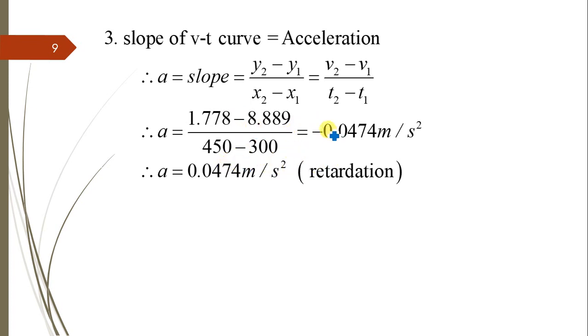We get a negative sign because the speed is reduced, that is, decelerated. So A equals minus 0.0474 meter per second squared, or we can say the retardation or deceleration value.